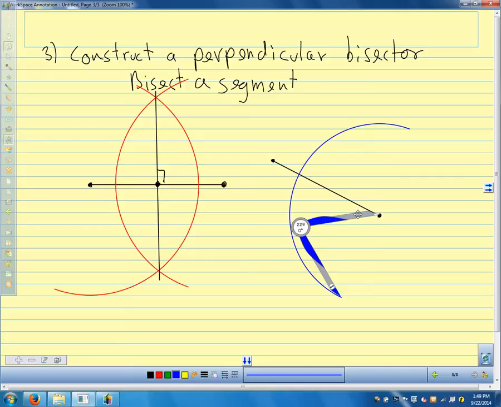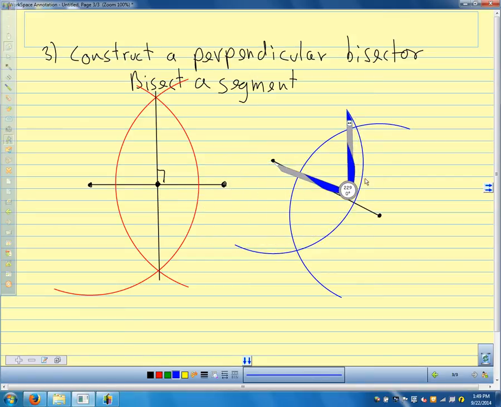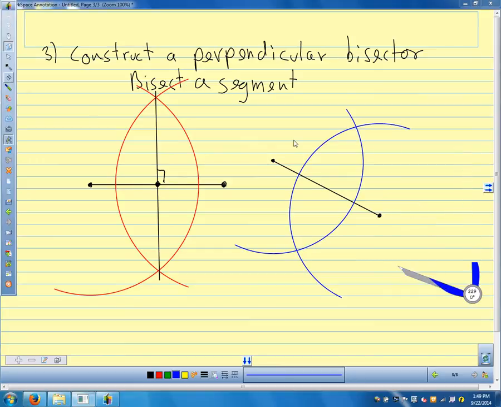Keep this compass the same. Move the point to the other end. Make a nice arc all the way through that other one. And connect the two X's using your straight edge. And there is my perpendicular bisector.